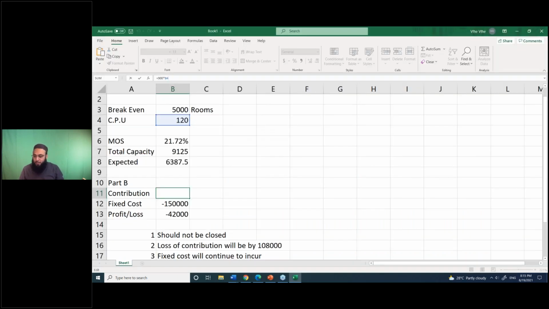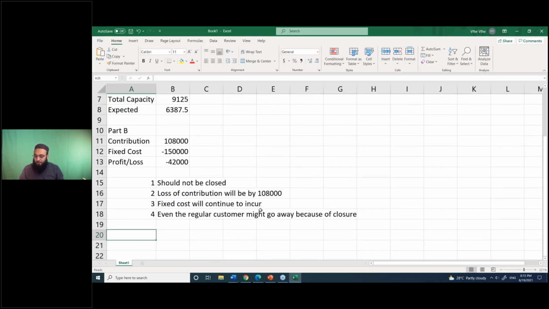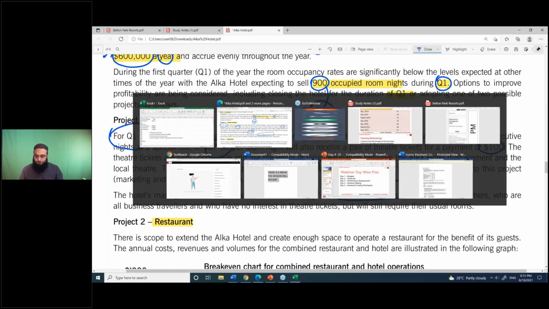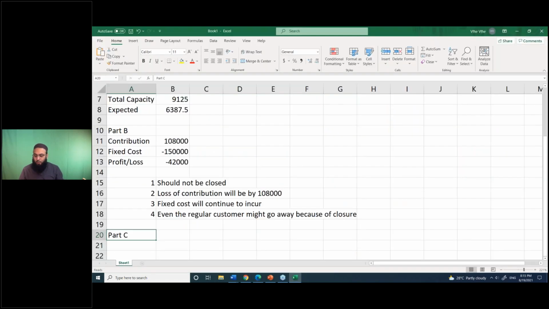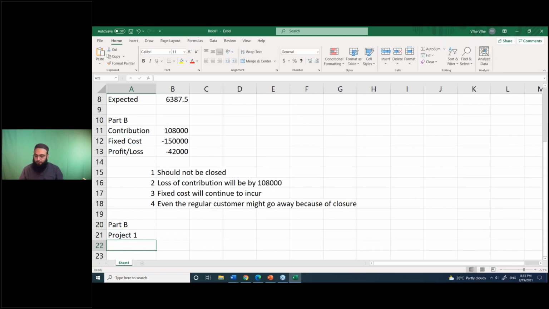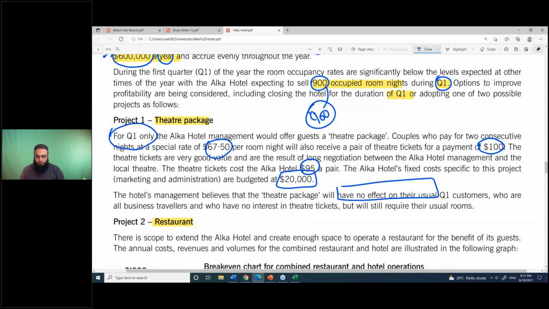So let's come to the spreadsheet again, and here I am. Part C. Okay. No, it's part B, I guess, right? Yeah, it's part B, project 1. Okay. Part B, project 1.